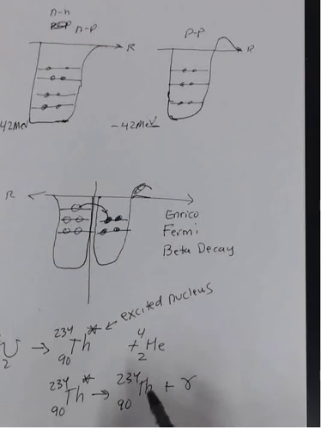So you can get that, basically it looks like it comes out during the alpha decay process. Or sometimes you can just excite the nucleus, and when it de-excites, it throws out a gamma ray. But you usually get a gamma ray coming out when you have alpha decay too.